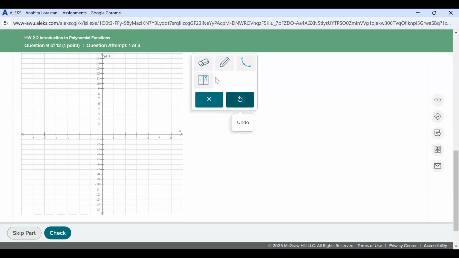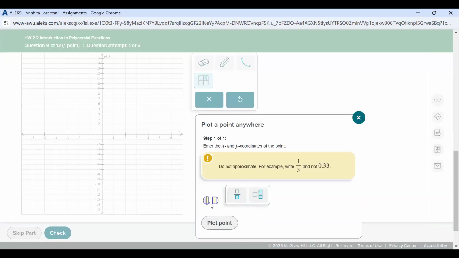Now we want to graph it. To graph it, you're going to put your x-intercepts, which were negative 5, 0, and then plot. Then you're going to put negative 2 and 0 and then plot.